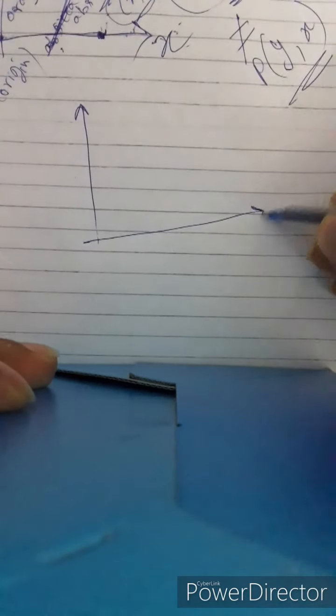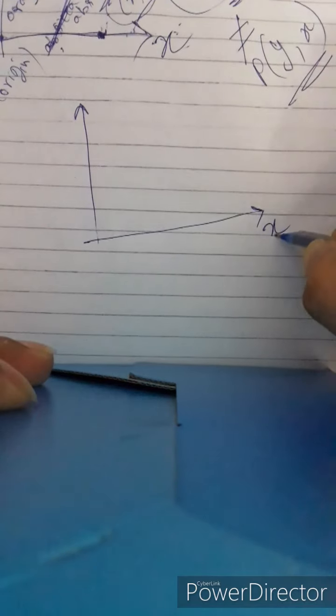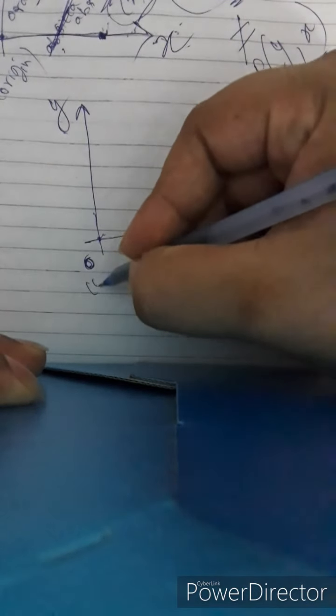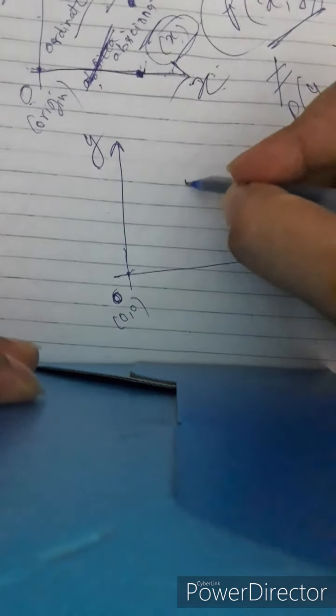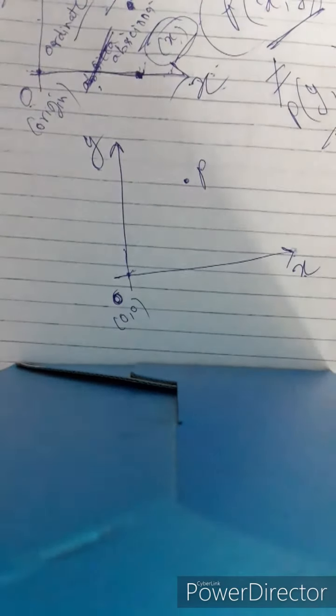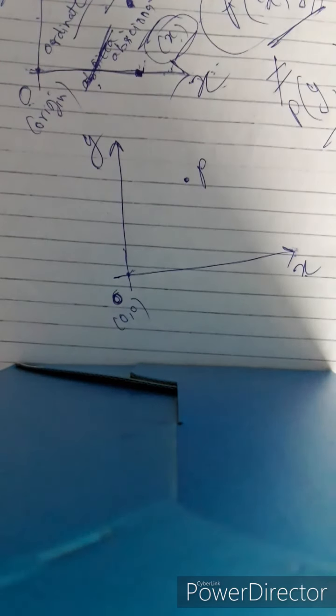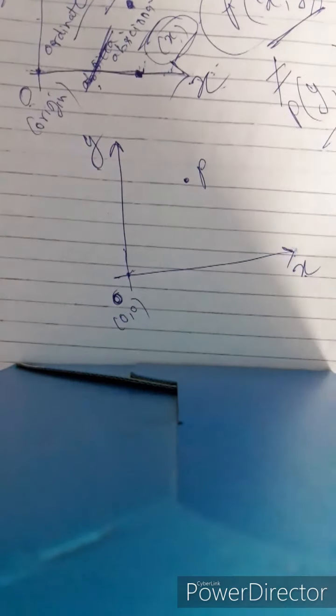What is rectangular axis? I'll draw it here. Suppose this horizontal axis is x-axis, vertical is y-axis. The point where the x-axis and y-axis meet is the origin. This point is known as origin, denoted by 0 0. Suppose P is any point in the positive quadrant between the x and y-axis.